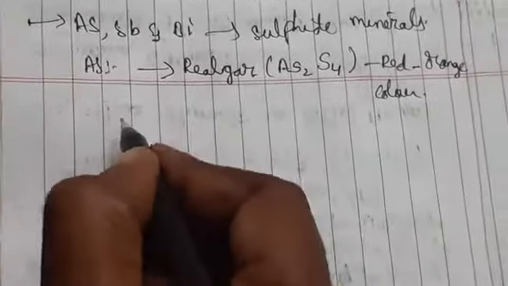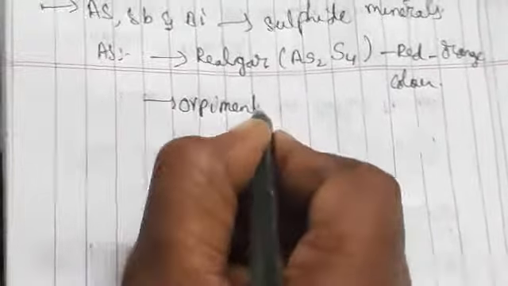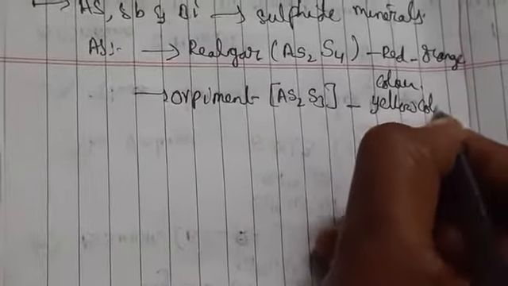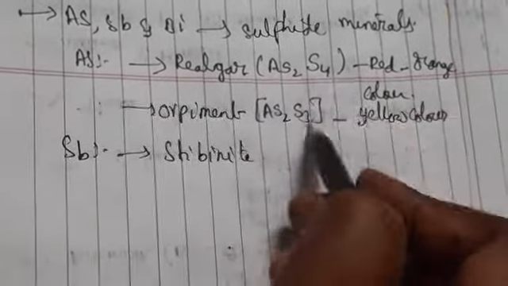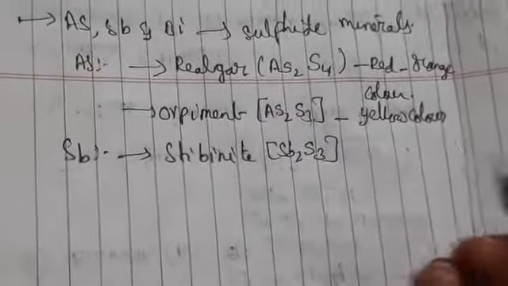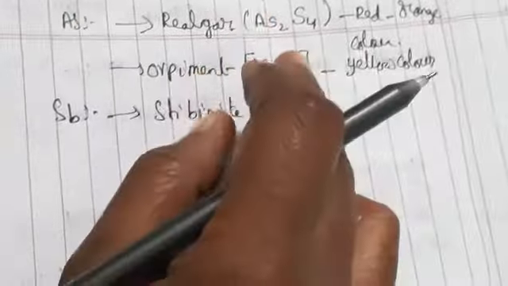Next we have orpiment, As2S3, which is yellow in color. Coming to antimony, Sb, we have stibnite. These elements are mainly present in sulfide ores, that is Sb2S3, and in the flue dust antimony is available as Sb2O3.